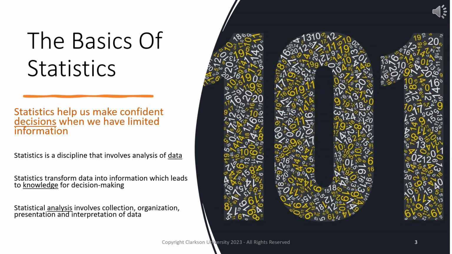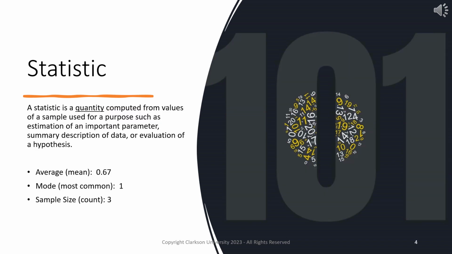Fundamentally, statistics is a discipline that involves analysis of data, its collection, organization, and presentation. We use statistics to transform raw data into meaningful information, which can be interpreted for intelligent decision-making. A statistic itself is a quantity or metric that is computed from values, typically from a sample of data.